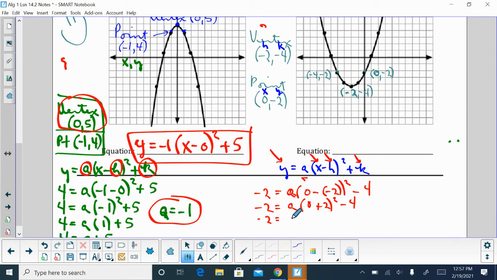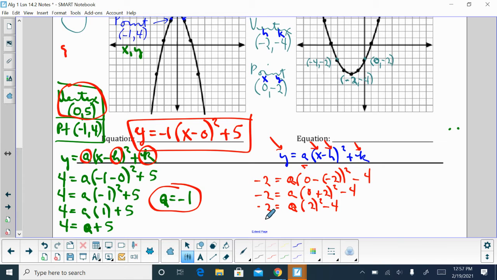So just keep simplifying. I wind up here with 0 plus 2, so 2 squared minus 4. And it's kind of messy. So a times 2 squared, this becomes 4a minus 4.